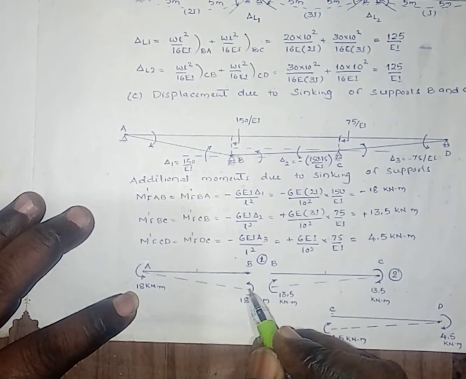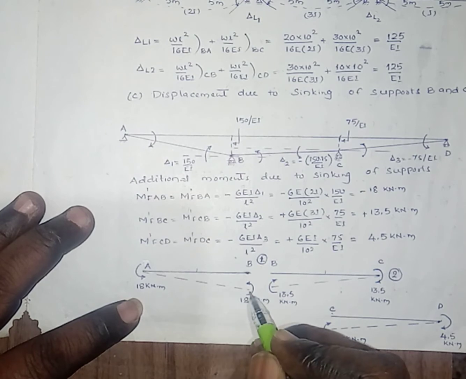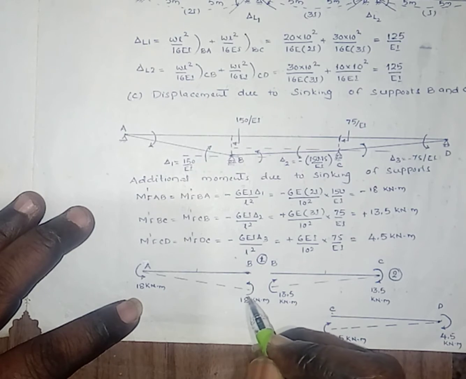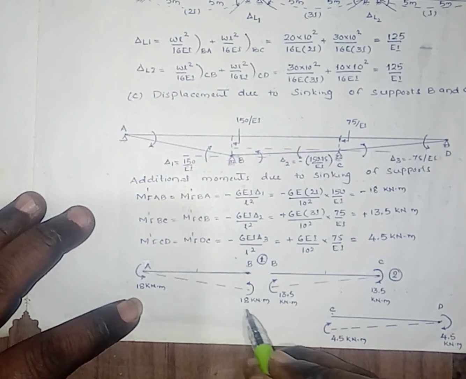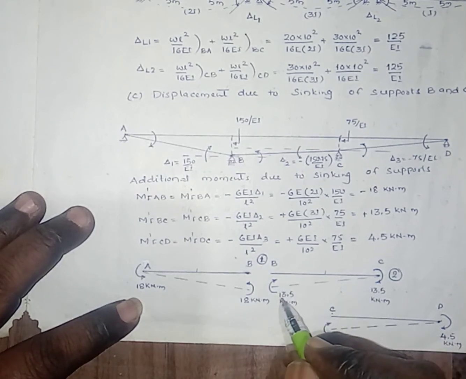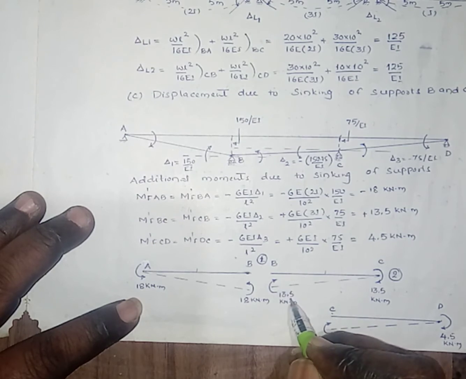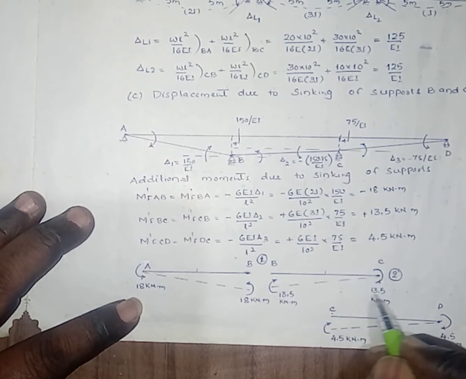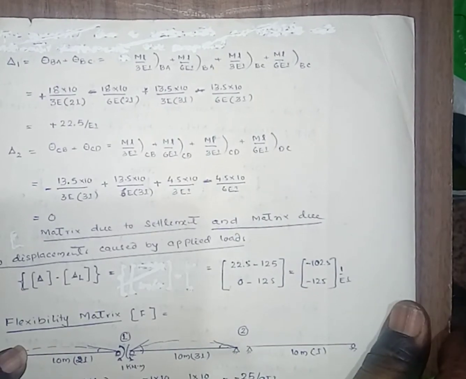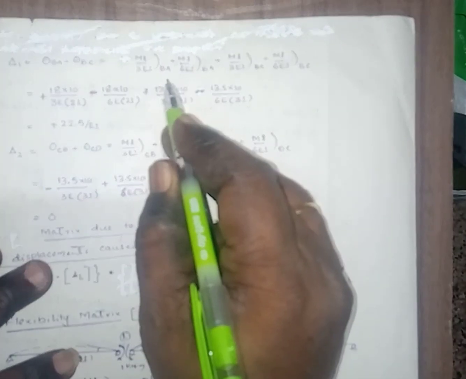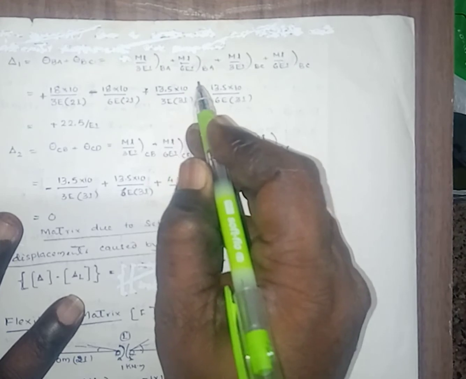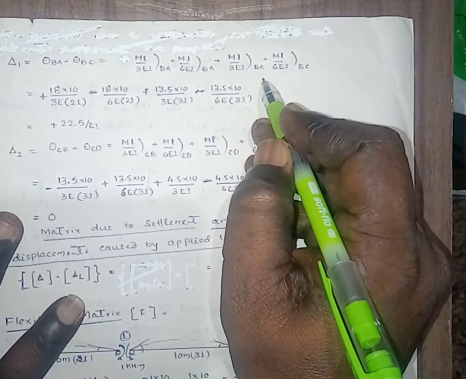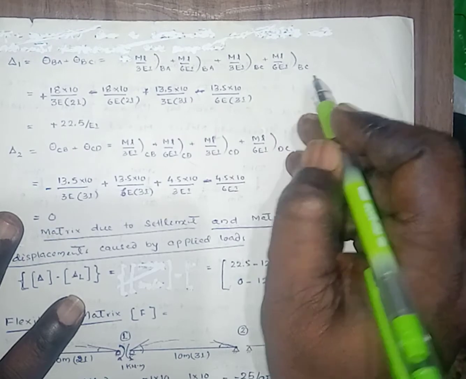Here due to these moments we have to calculate the total slope at B, that is due to this one, 18 ML divided by 6EI, due to this one, ML by 3EI for this span BA. Then for this span BC, ML by 3EI due to 13.5 and ML by 6EI due to 13.5. So the displacement is ML by 3EI in span BA, ML by 6EI in span BA, ML by 3EI in span BC, ML by 6EI in span BC.